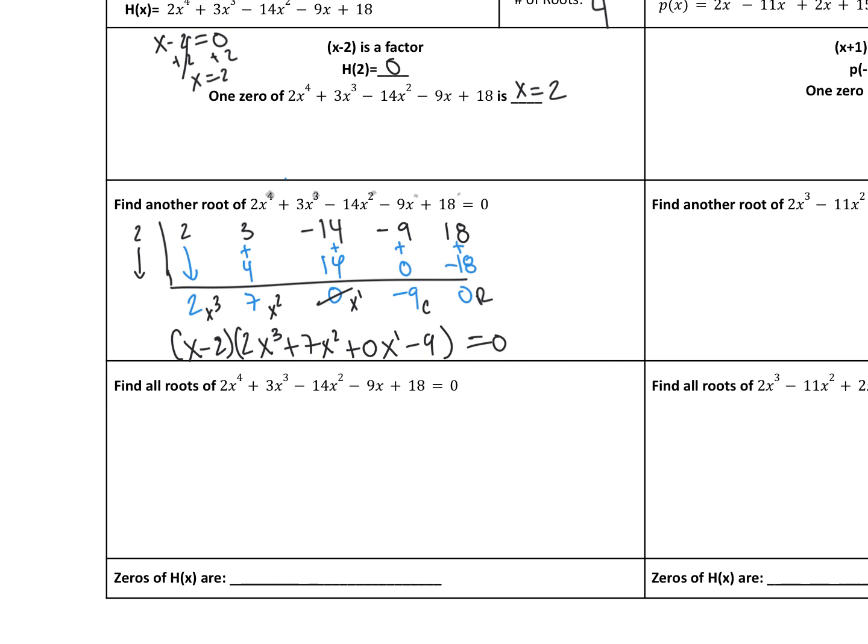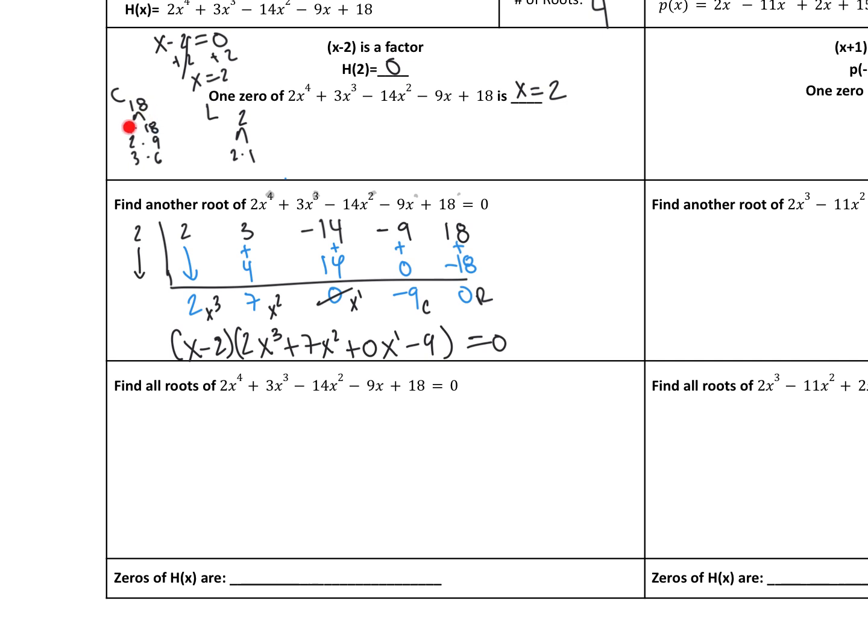Basically, you have a leading coefficient, which was 2, and you have your constant, which is 18. You look for all the factors of your constant. So for 18, it's 1 times 18, 2 times 9, 3 times 6. And you look for all the factors of your leading coefficient, 2, which is 2 times 1.